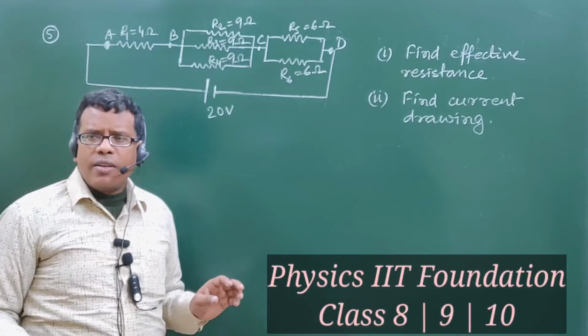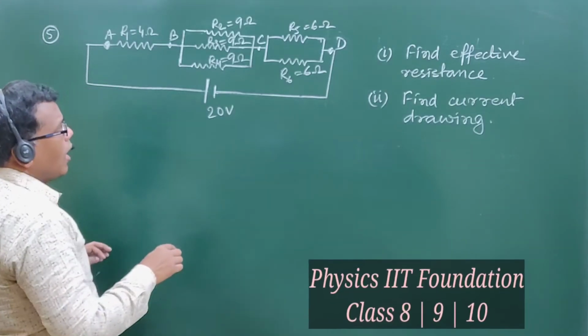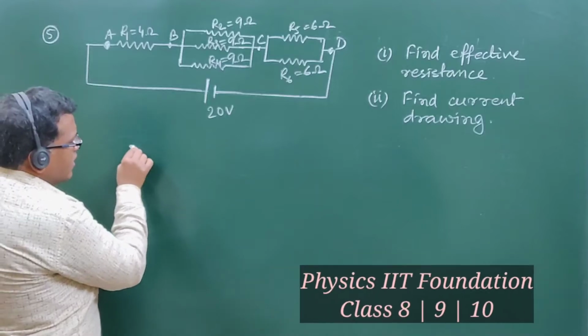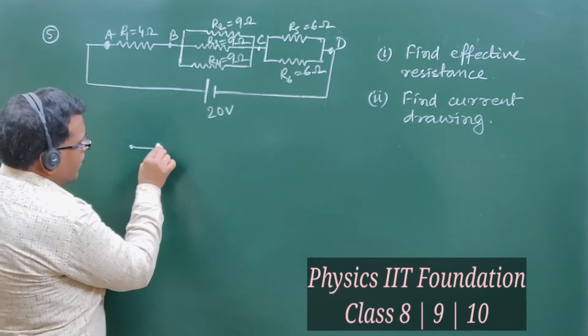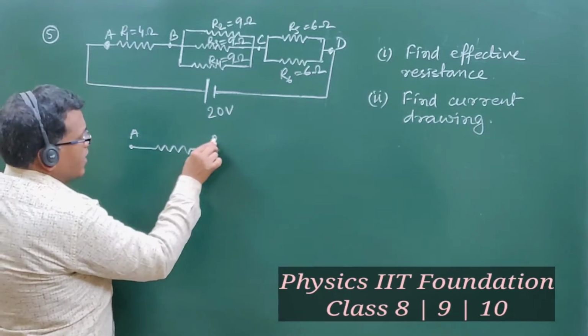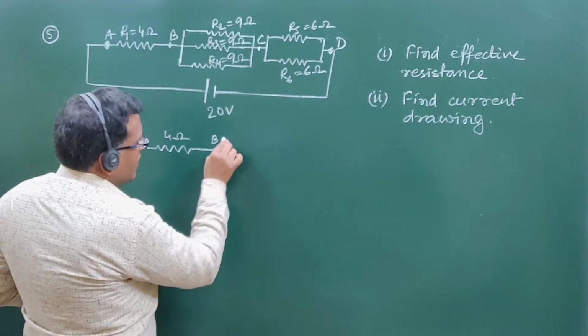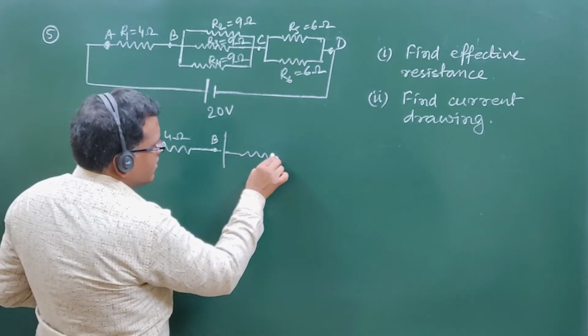Between A and B there is only one resistor, but between B and C there are three resistors.